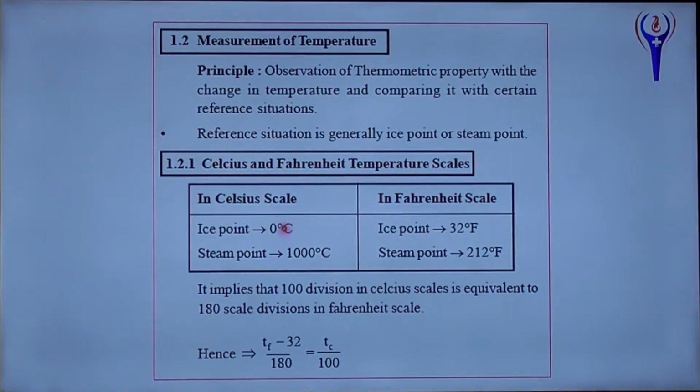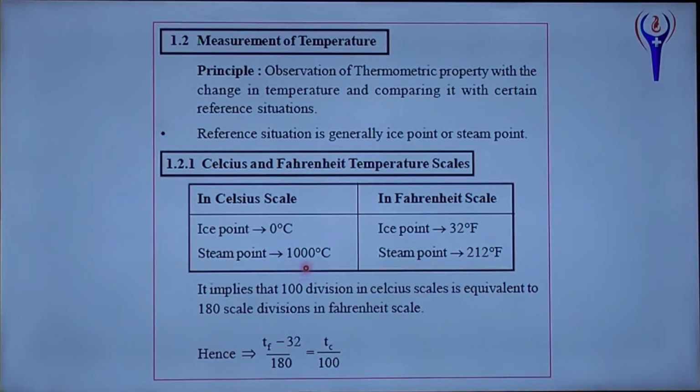For example, in the Celsius scale, the ice point or freezing point is the temperature at which liquid is converted to solid. For water, 0 degrees Celsius is the ice point.